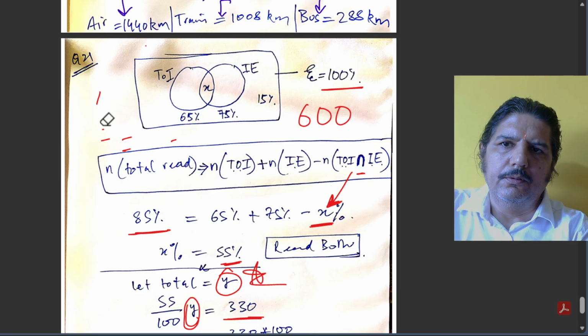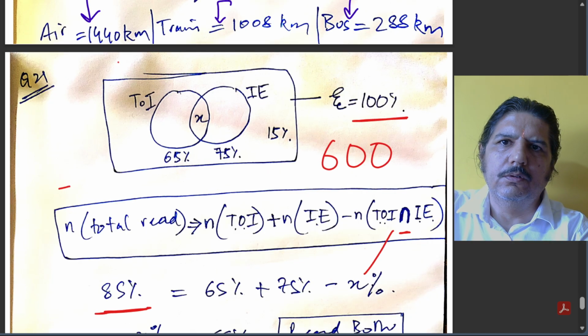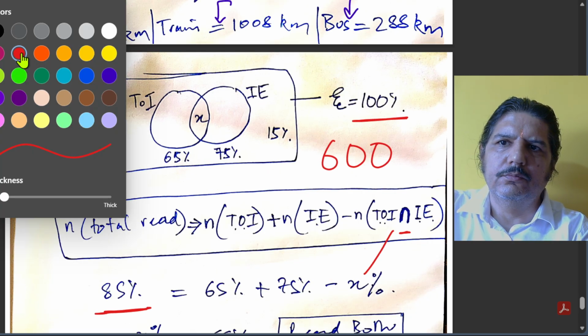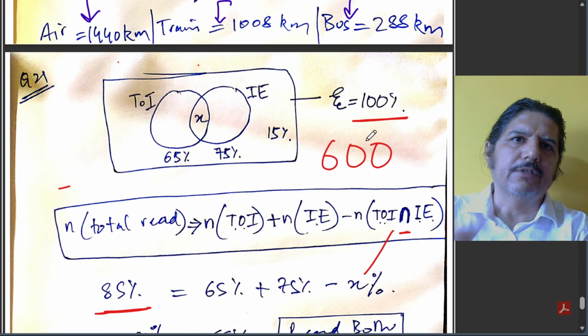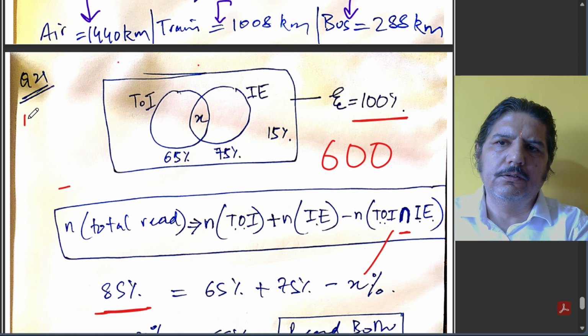For people who are not able to understand, now that we have the value of Y, let me try to explain the question again. So there's a locality of 600 people. 15% don't read any newspapers. So 15% of 600 is 90.